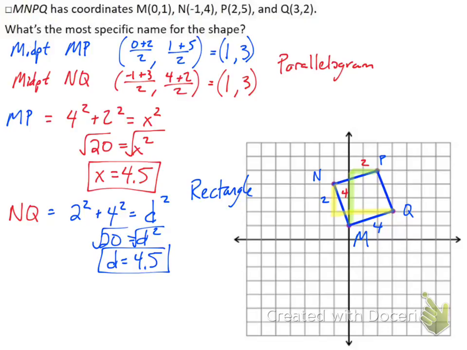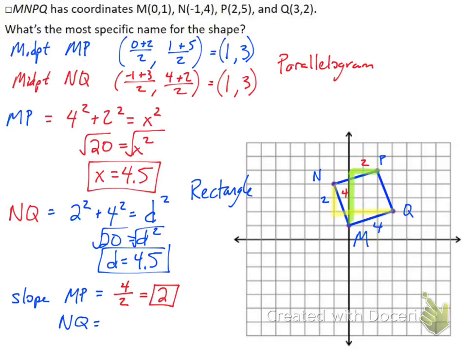Then the last thing that I have to do is my slopes. So find the slope of MP and NQ. And so again, the slope going from M to P, which is my green line here, I'm going up 4 and right 2. So my slope is 4 over 2, both positive, which is 2. Reduce the fraction to make sure.